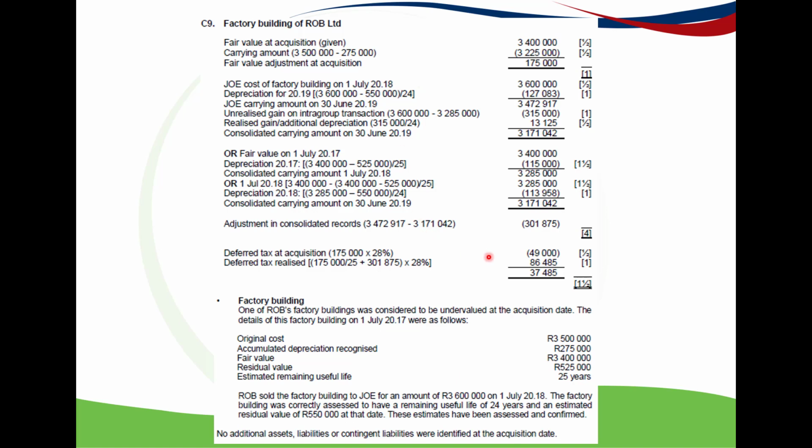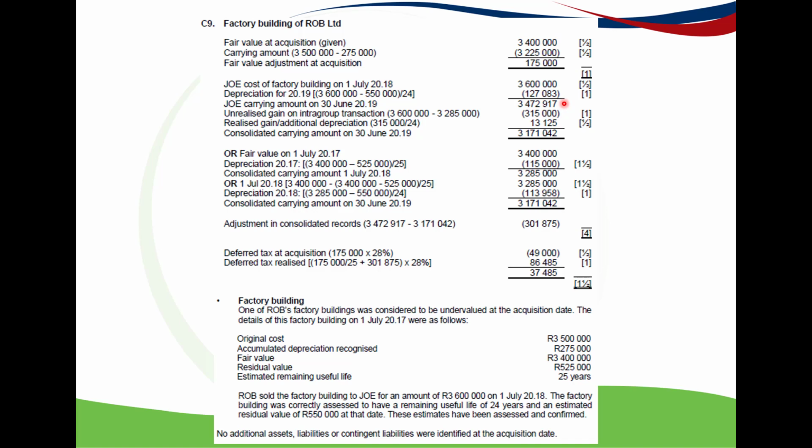Then again, if you proceed to the factory building, here's the information in the scenario. We've already seen this calculation whereby the parent that has bought the factory building from the subsidiary has recognized it at year end at this value, 3.4 million.